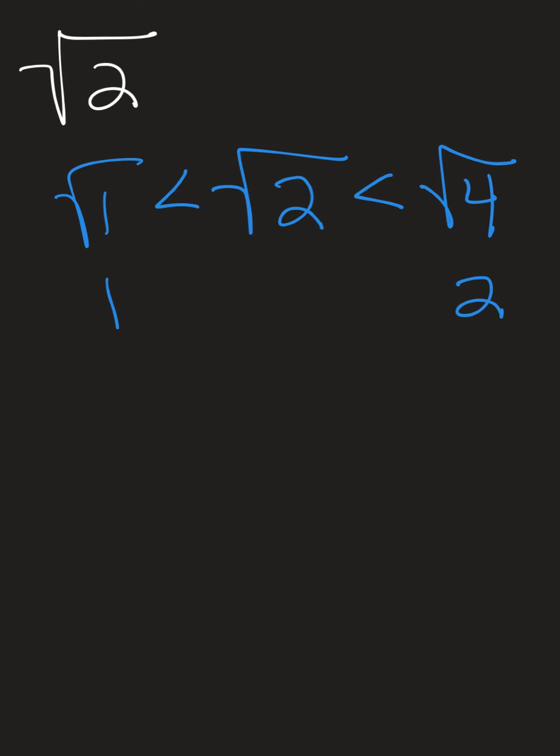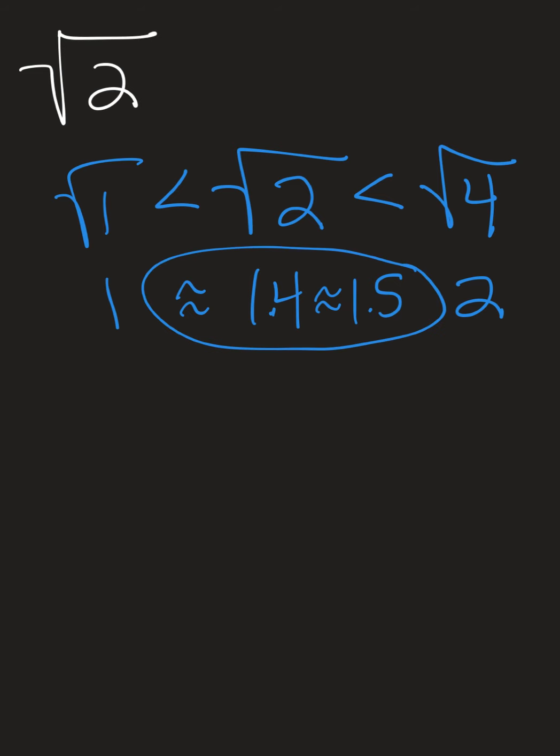If I narrow it down, I should get that it is approximately 1.4, maybe closer to 1.5. Both of these are decent approximations. But the actual full number is a non-repeating decimal that will go on and on forever.